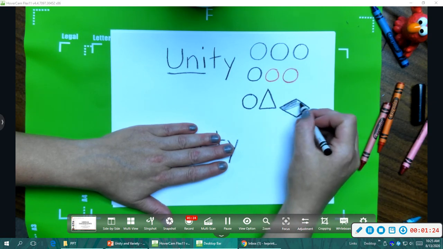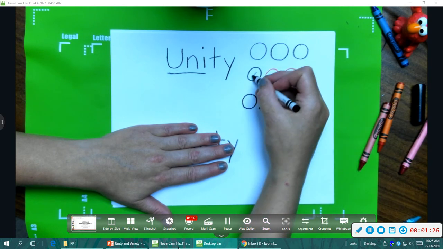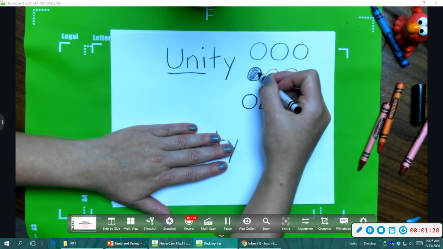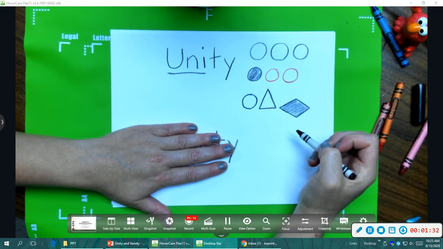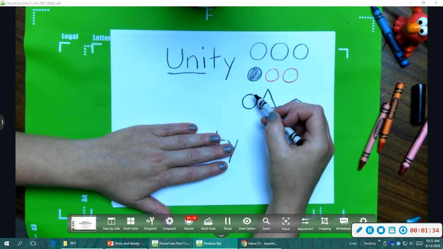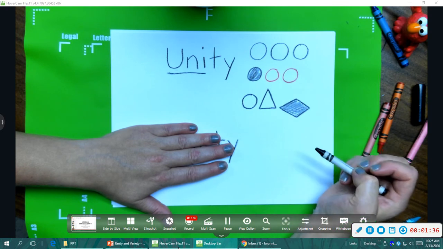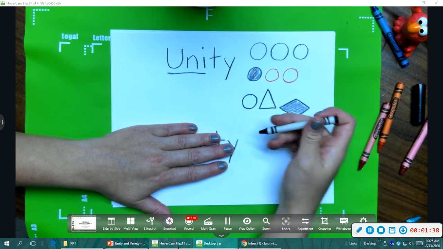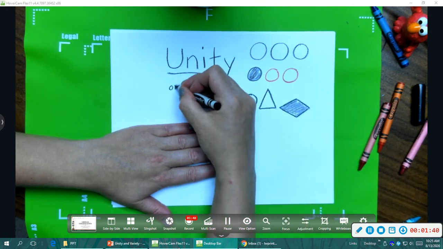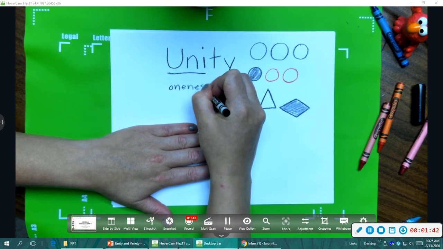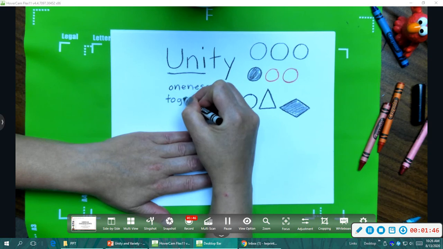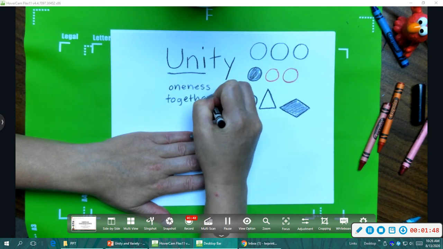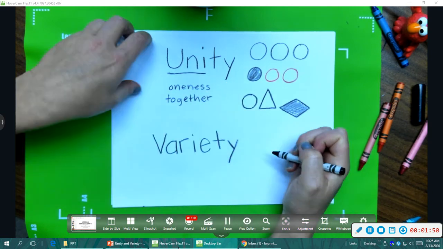If I then was to take it and look at them as whole groups, now we're missing that unity because we have open shapes and filled shapes. Alright, so unity is oneness, and when there are things together, you can group them in a big group together.